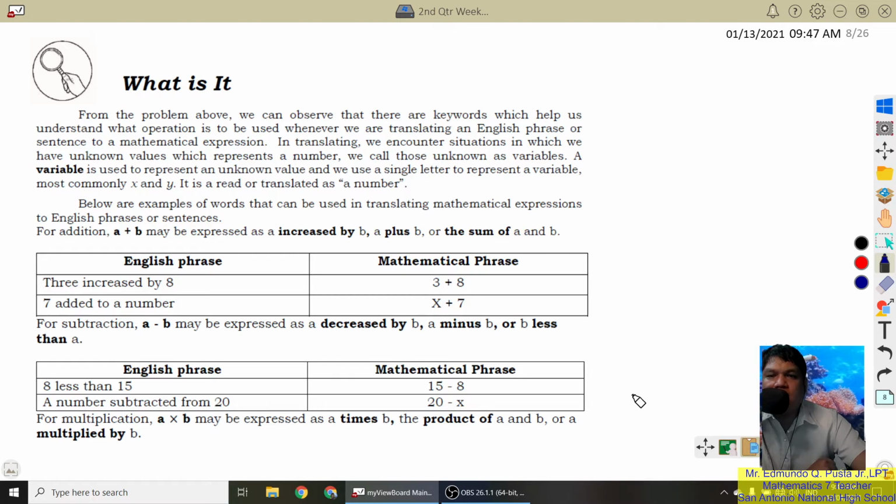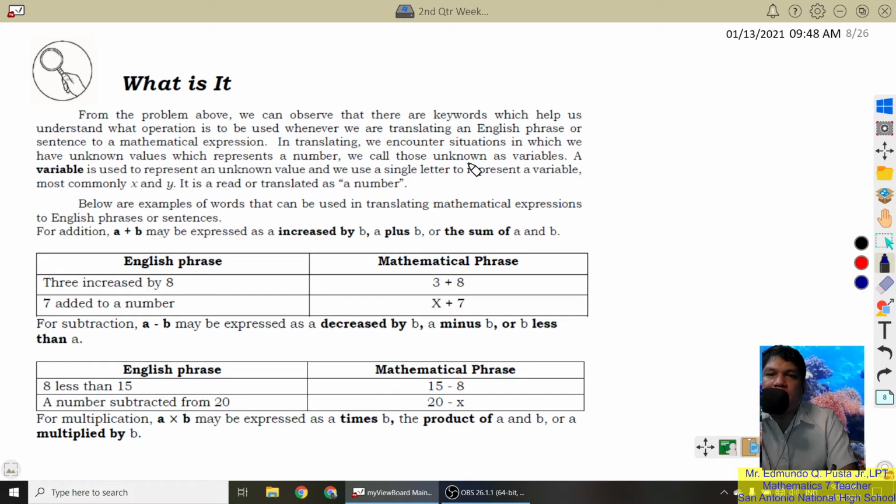Okay? So, let us try to translate the following mathematical English phrases into mathematical sentences. By the way, let us define first what a variable is. According to our module, in translating, we encounter situations in which we have unknown values which represent a number.